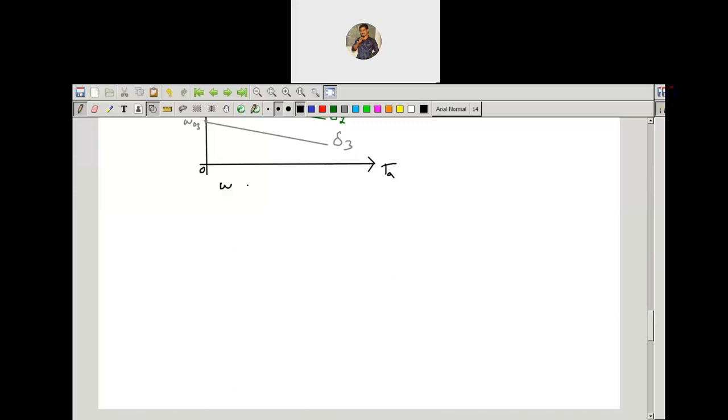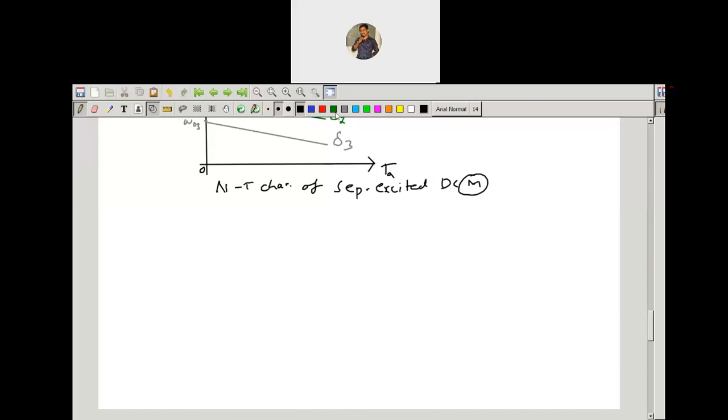Speed torque characteristics of, you can take NT or omega T, whatever it may be, separately excited DC motor. Separately excited DC motor. Okay.